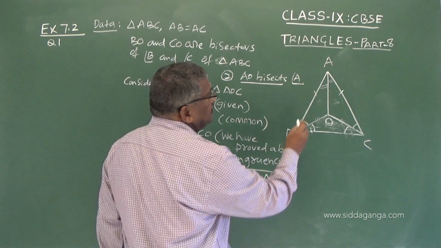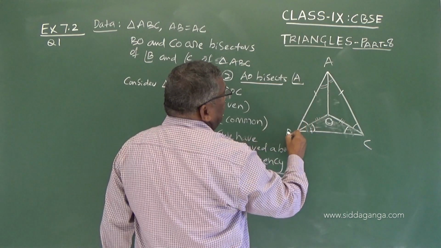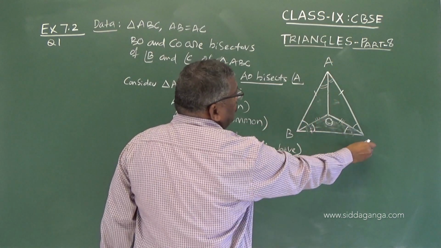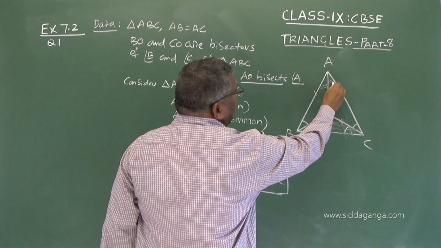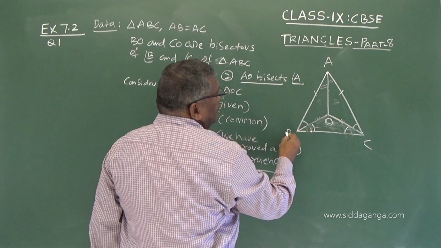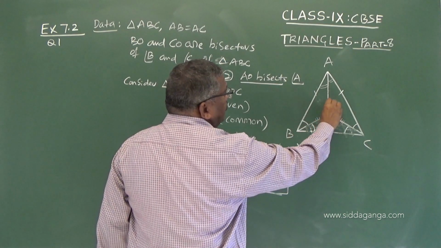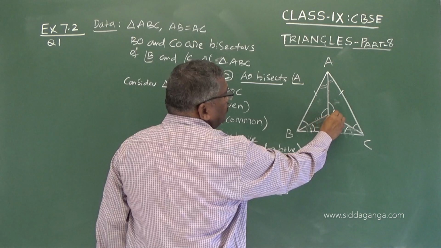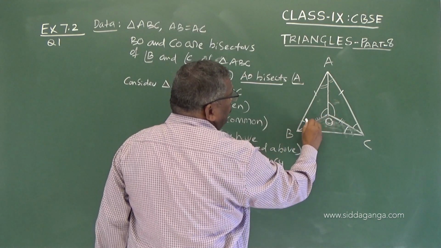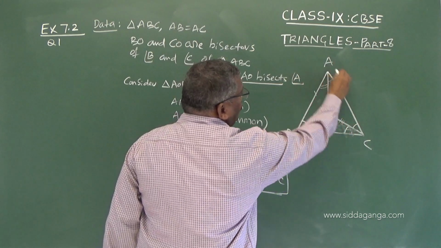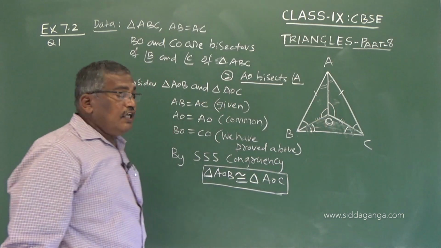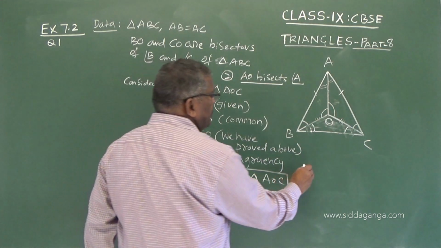Angle BAO corresponds to CAO, these two angles. They will be equal, and angle AOB will be equal to this angle. These two are corresponding, and angle ABO will be equal to ACO, and these two are corresponding.